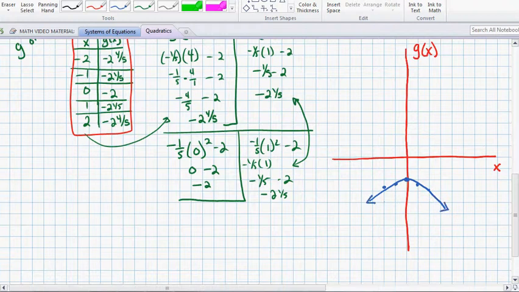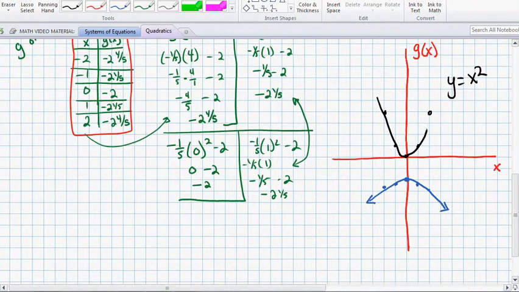So that's part 1, graph the parabola. Part 2 says to compare this to our parent function, and our parent function is y equals x squared. Well, y equals x squared, remember that was 0, 1, 1, 2, 4, -1, 1, -2, -4.